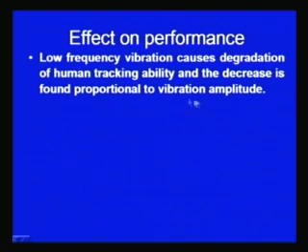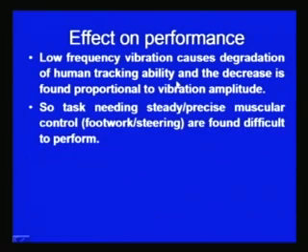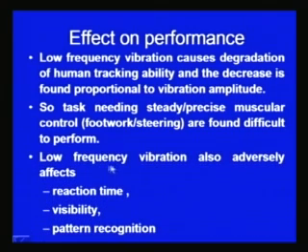Greater the amplitude of the vibration, greater will be the decrease in human tracking ability for a particular object. So, tasks needing precise muscular control are found to be difficult to perform under low frequency vibration conditions. Low frequency vibrations are also known to adversely affect the reaction time required to see the object and take a decision on what is to be done.